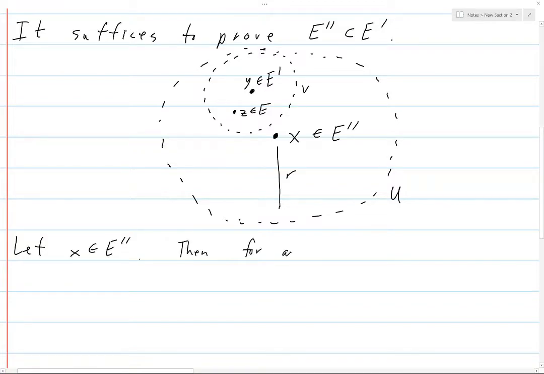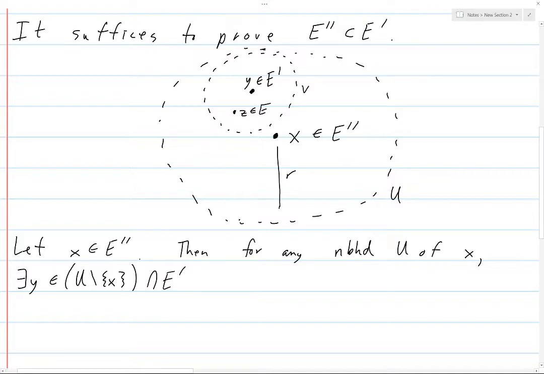Then for any neighborhood or open neighborhood, it doesn't matter. Some textbooks do make a distinction, but in this textbook, we'll just assume that they're both the same and it doesn't matter. Then for every neighborhood U of X, and the way I'm going to write this is, there is an element Y contained in the open neighborhood, and this element Y is not equal to X, so I'll just write that as Y is an element of U minus X, and Y is also an element of E prime.